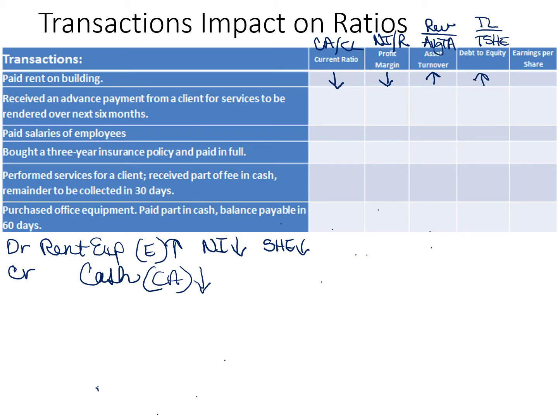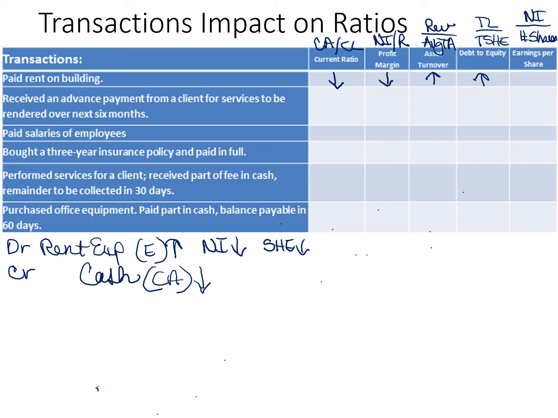And finally, earnings per share, which we haven't talked about, is nothing more than net income over the number of shares outstanding. It basically says how much of the profits every year could be attributed to each share of stock.